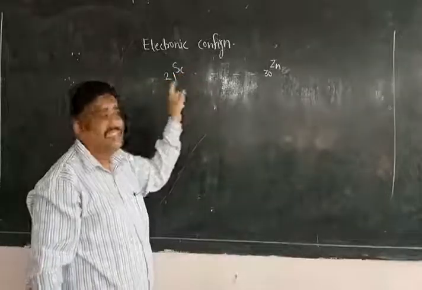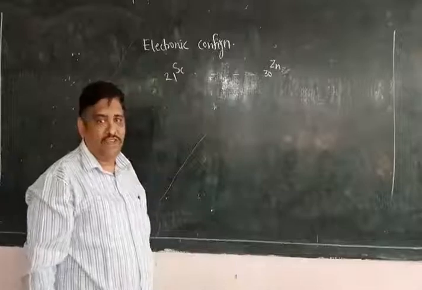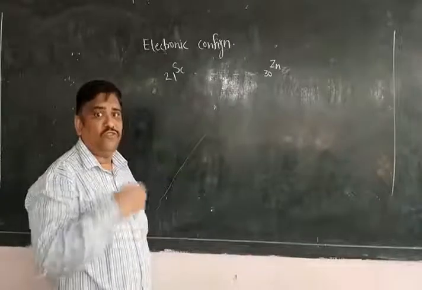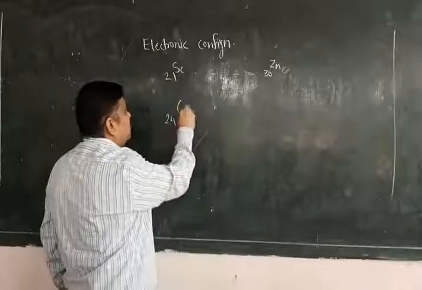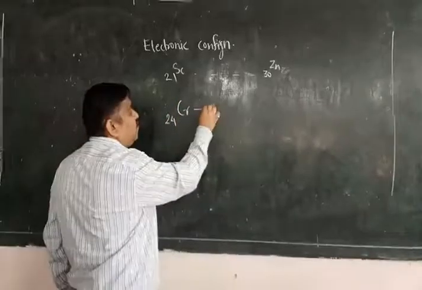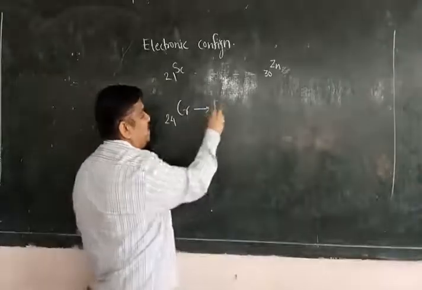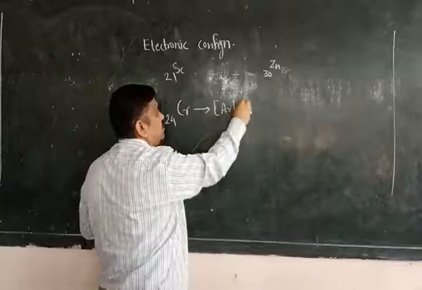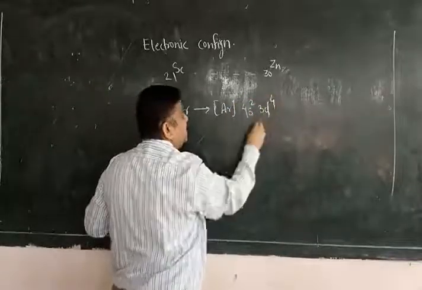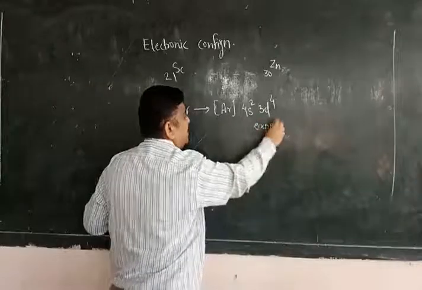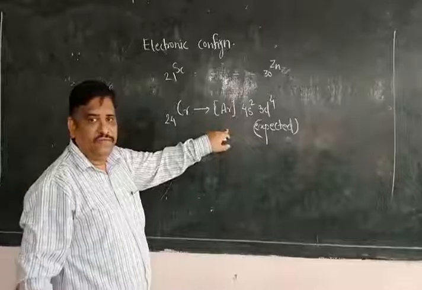In these 3D series elements, two elements have the exceptional electronic configuration. Which are those two elements? First one is 24, chromium. In chromium, the expected electronic configuration is argon 4s2 3d4.